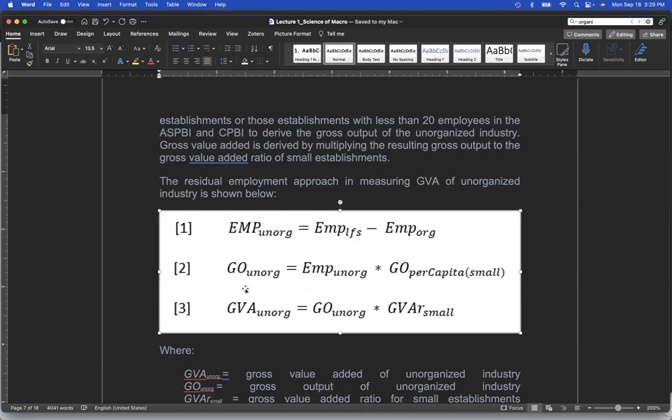The second thing to infer from the second equation is that the average labor productivity for the small firms is equivalent to that of the unorganized firms. Okay.